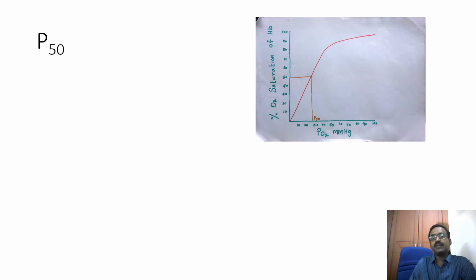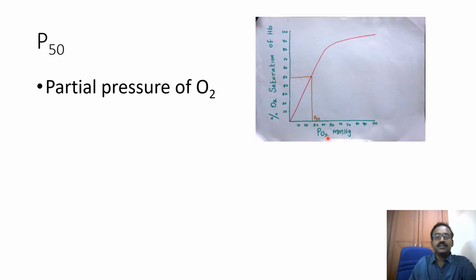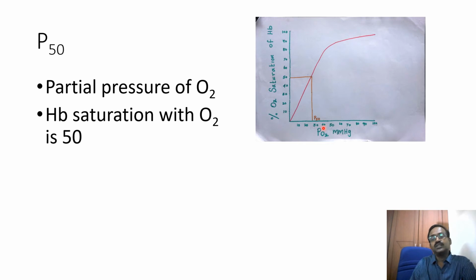P50 is the partial pressure of oxygen at which hemoglobin is 50% saturated with oxygen. For the normal oxygen dissociation curve it is 27 millimeters of mercury.